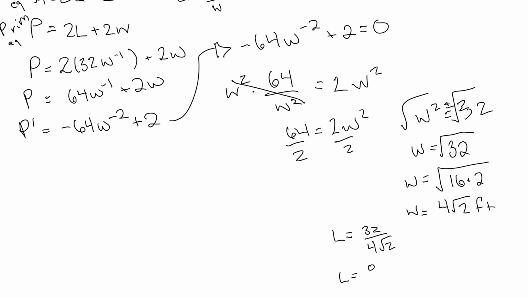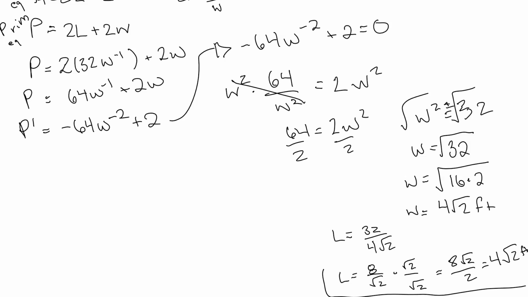That's going to be 8 over root 2, and we can rationalize that, multiply by root 2 over root 2. Got 8 root 2 divided by 2, or 4 root 2 feet. And there you have it. So go ahead and try those you do's.